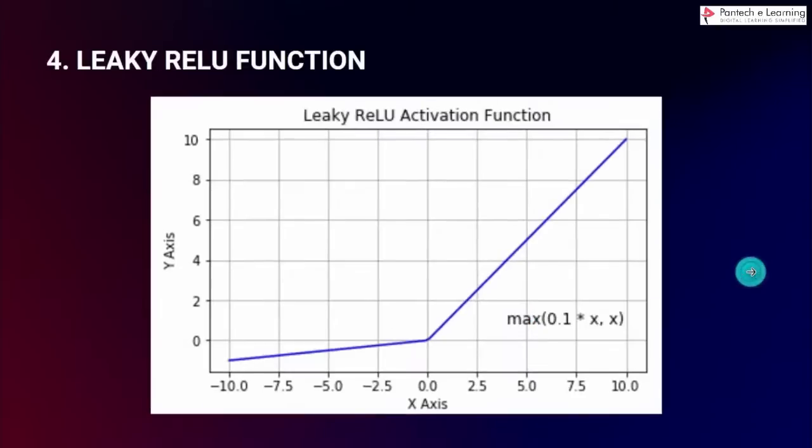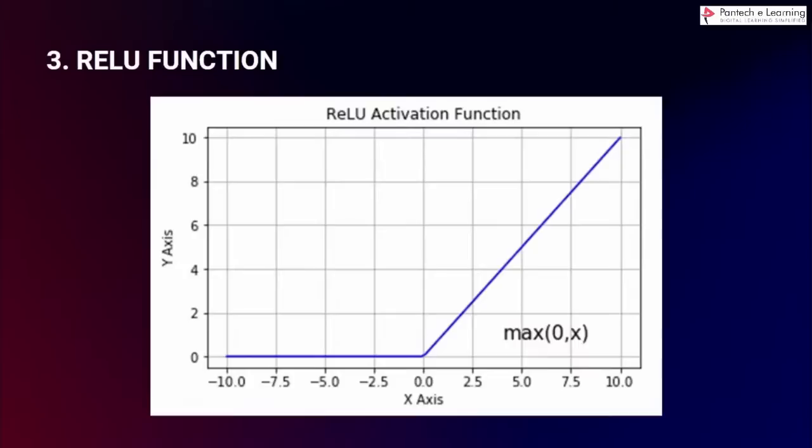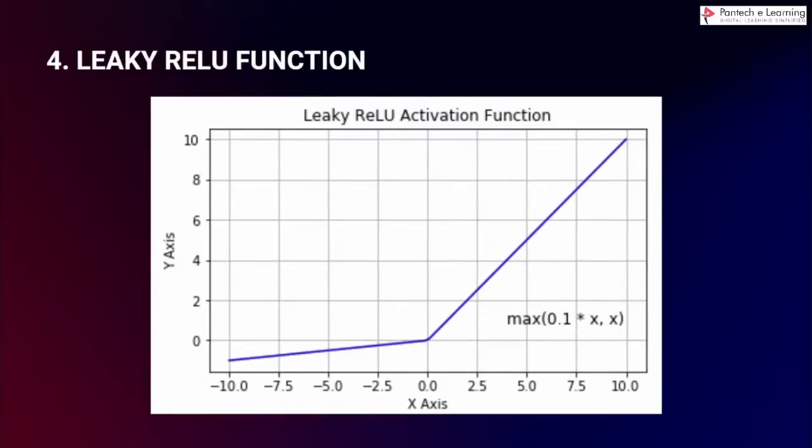Okay. And then the leaky ReLU function. In the ReLU function, the negative values are neglected, and this is kind of an issue. So for leaky ReLU, instead of 0, they multiply x with 0.1 and then compare it with x.